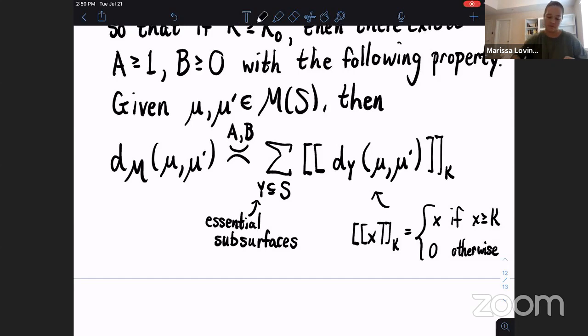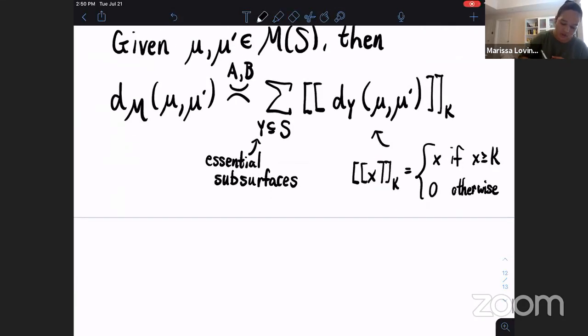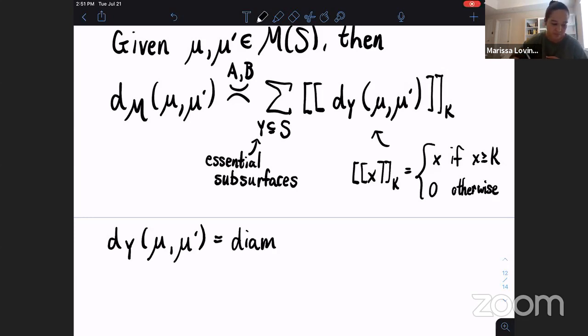And then what do I mean by this distance in Y, the distance in the subsurface? This is why I defined the subsurface projection. The distance in Y between two markings, U and U prime, is equal to the diameter of the union of their projections.